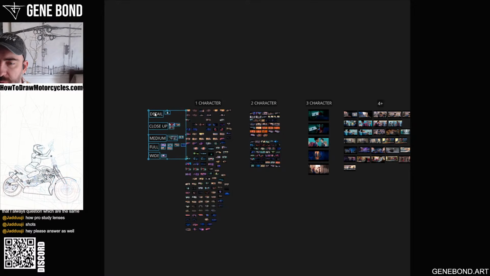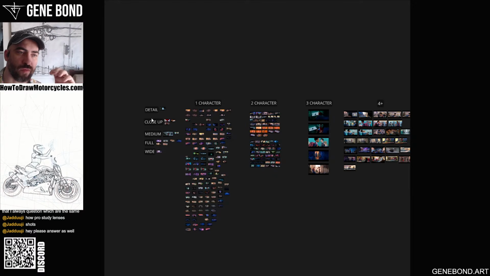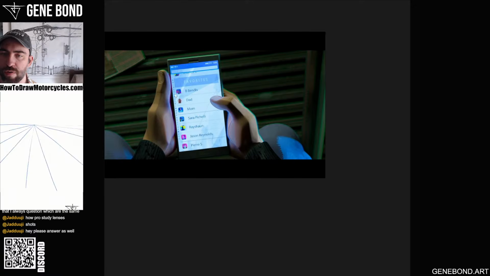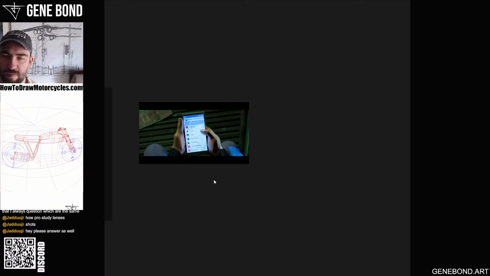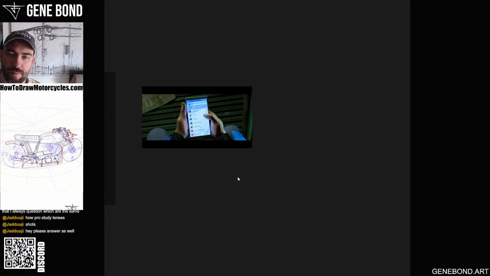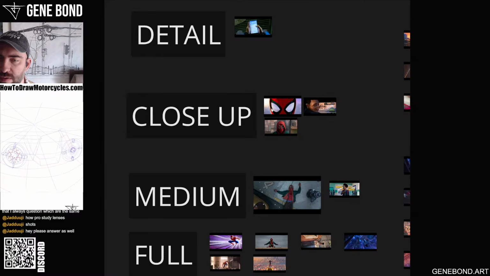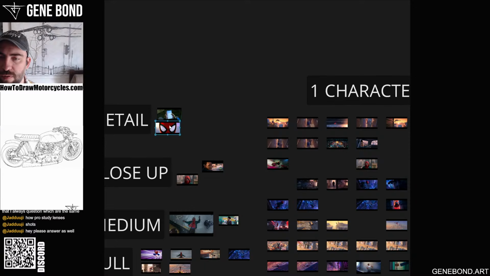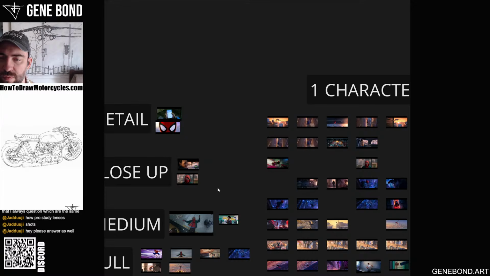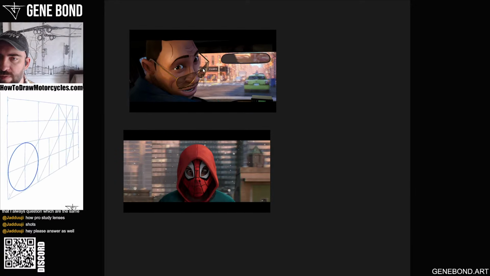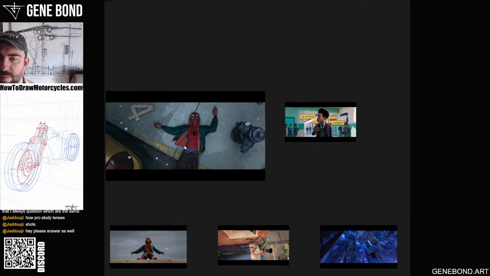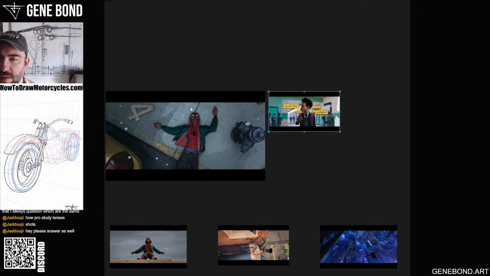You can also group them, subdividing into categories of frame size. When the camera is very close to an object, we see the phone. I still consider it one character because it's a character holding a phone. Then close up, this can also be detail. This I will put in detail. But this is close up, a portrait type of shot. Then medium, it can be hip, maybe knee.